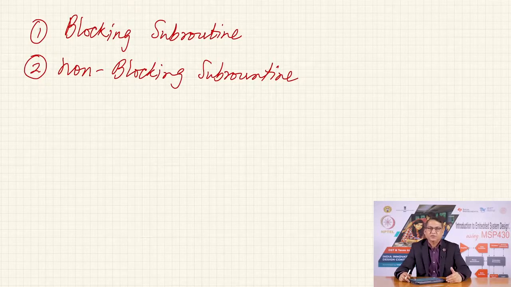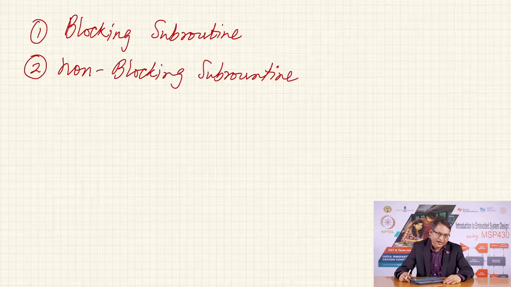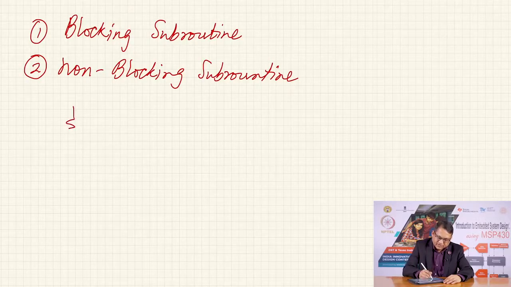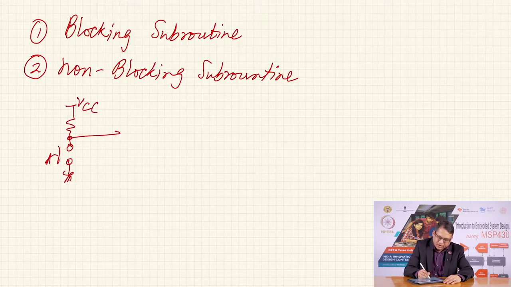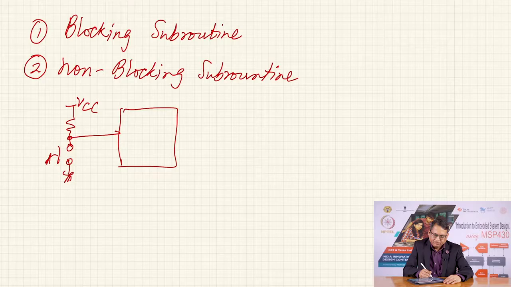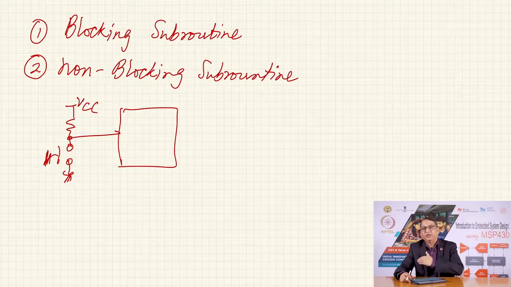action happens. If the action does not happen, it is not going to go back. Suppose this is my switch, pulled up with a pull up resistor and going to a particular port pin, and I call the subroutine to read the switch, which means I want to return to the main program once the switch is pressed and released.